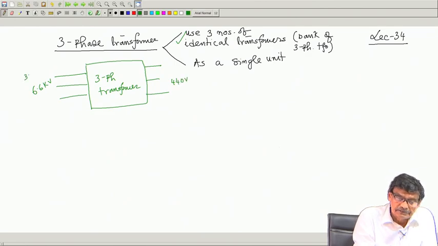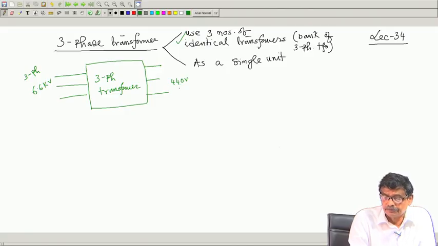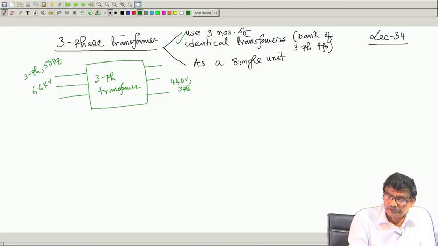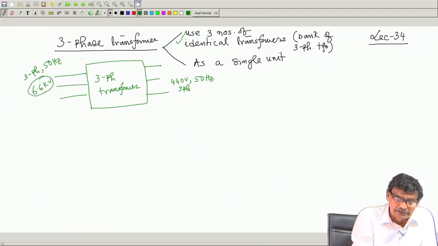This is 6.6 kV, this is 440 volt 3 phase. Of course, 3 phase 50 hertz in our country, and this will be also 50 hertz because frequency remains same. And all these voltages whatever I have written are line to line voltages.